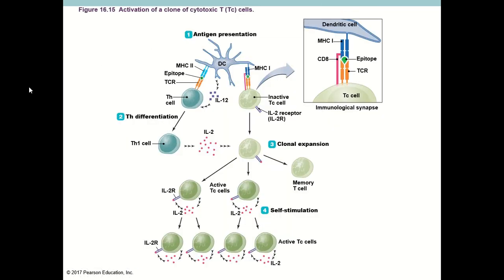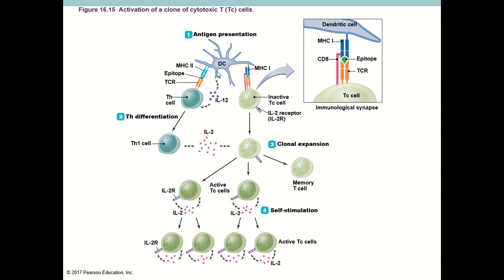So here's the activation of clonal selection on cytotoxic T cells, which begins by antigen presentation. Here's an APC, or DC stands for dendritic cell, which is an APC, or an antigen presenting cell.